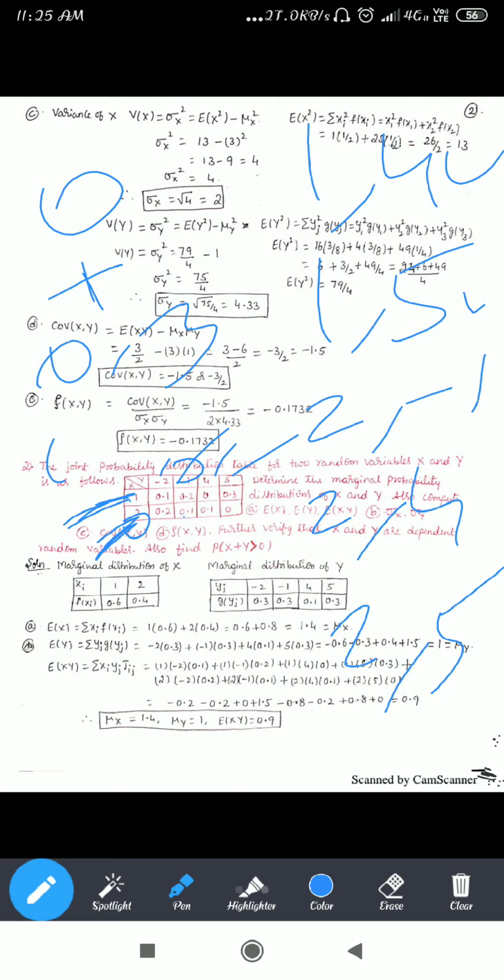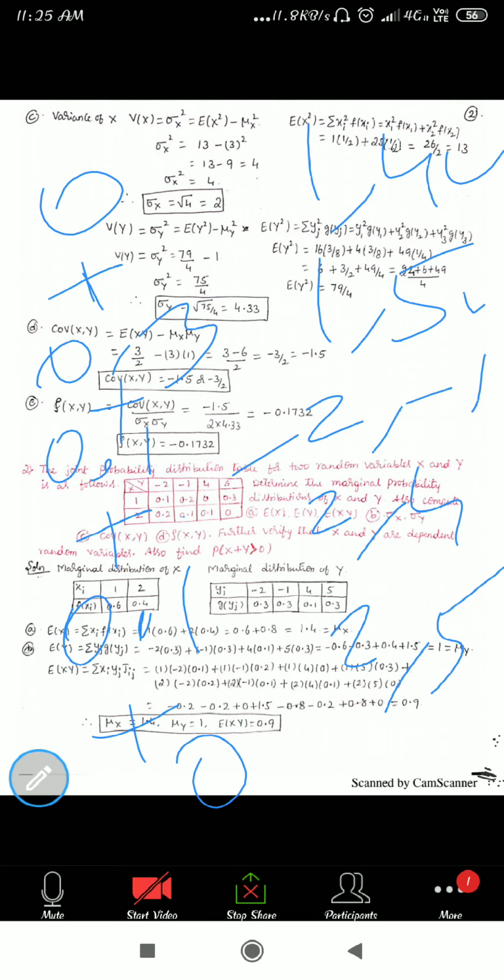Okay, plus 0.1. Next, 2 and 4 means again 0.1. Next, 2 and 5 means 0.